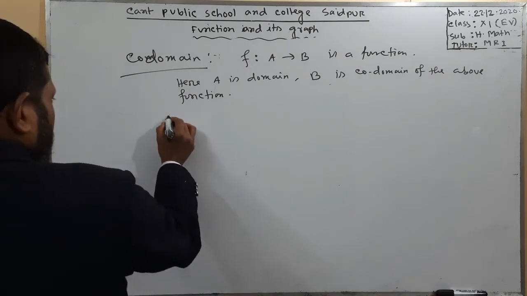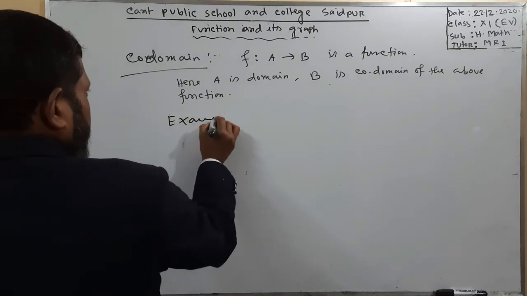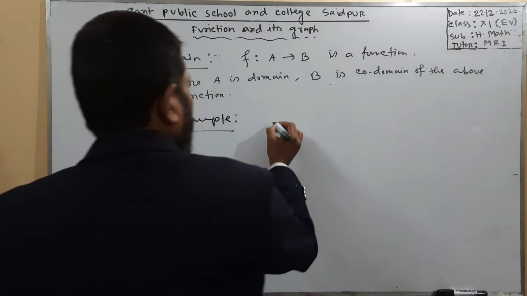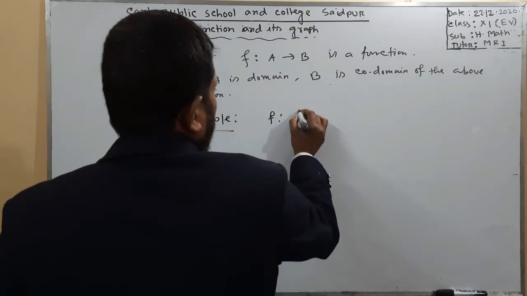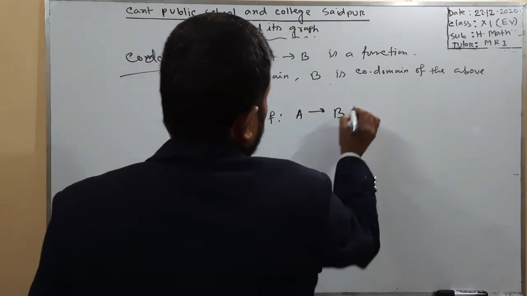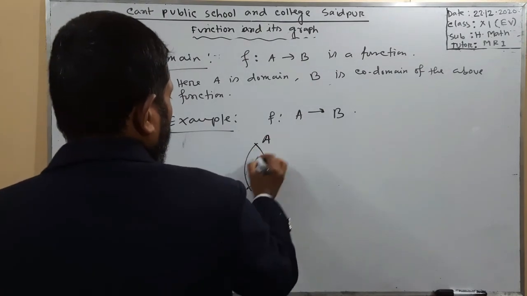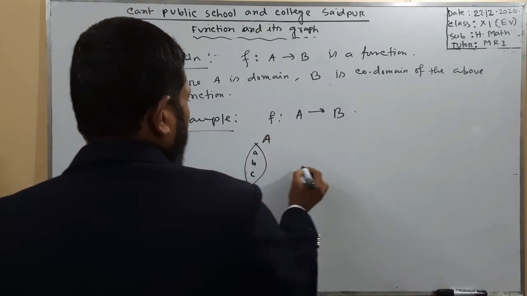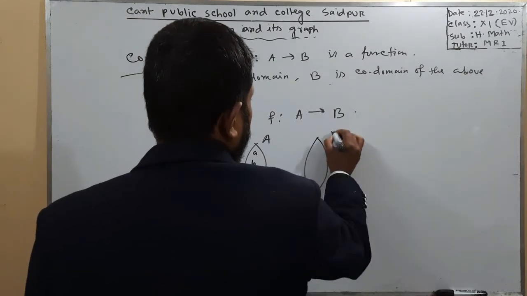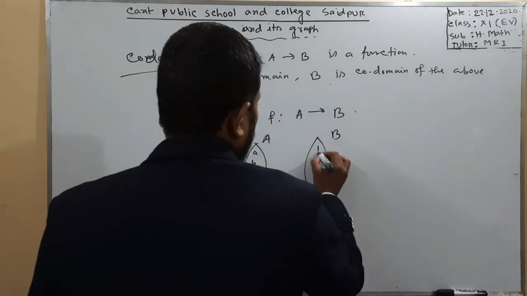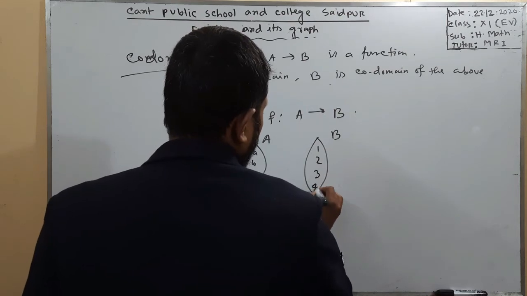Suppose I am defining f such that A tends to B is a function. The elements of A are a, b, c, and the elements of B are 1, 2, 3, 4.